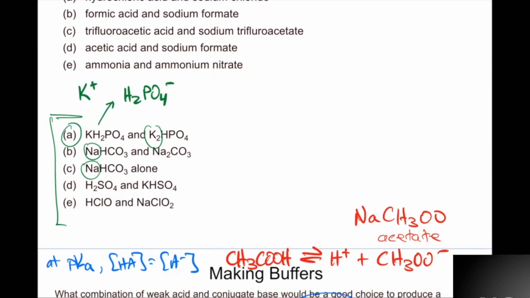And this one is 2 moles of potassium ions plus 1 mole of HPO4 2 minus. These are all part of the phosphoric acid series. You can consider this to be the acid and this to be the conjugate base of this acid. They are in fact an acid-base conjugate pair.